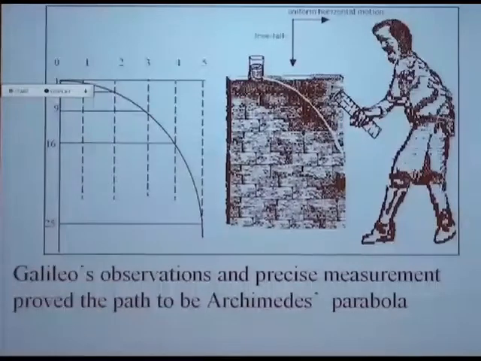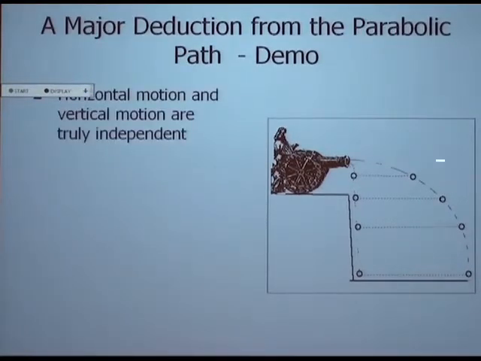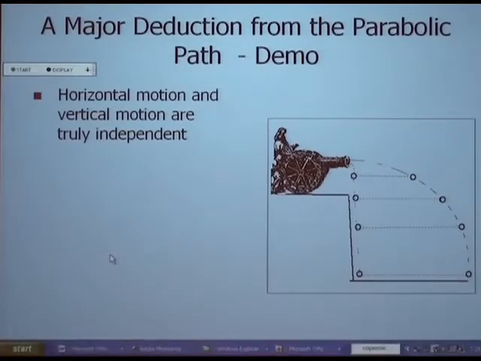But now, what was even a bigger accomplishment is Galileo could prove, based on his two laws, that the path has to be parabolic. And in doing that, he then invented a new law, which is very profound. And that profound law is that the horizontal motion of the water or the cannonball and the vertical motion of the water are two independent motions that follow his laws, and they follow those same laws independently of each other.